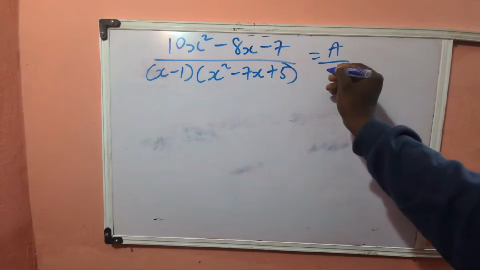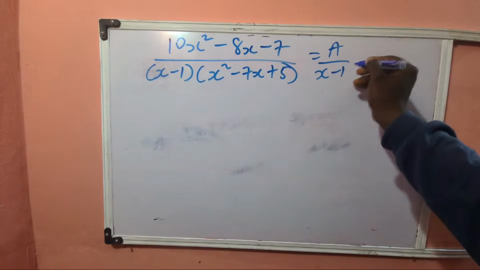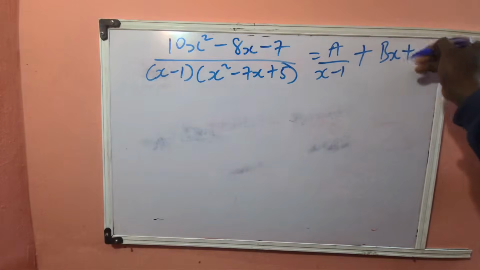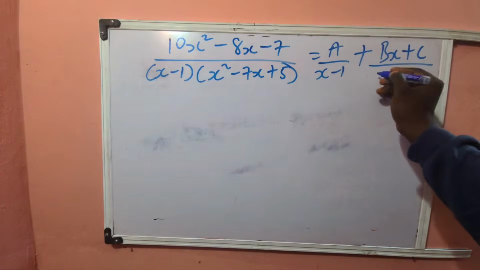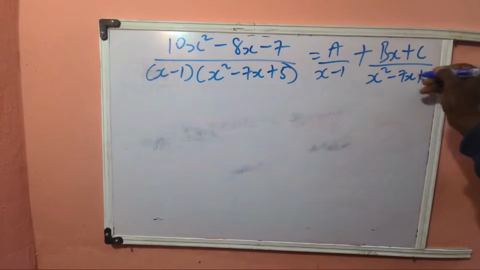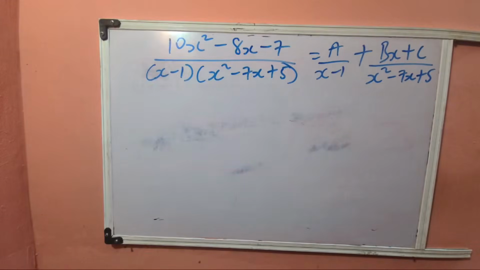A over x minus 1 plus (bx plus c) over x squared minus 7x plus 5, where a, b, and c are real constants.